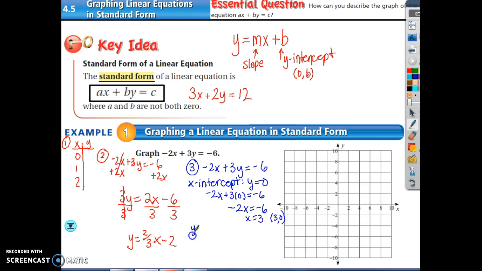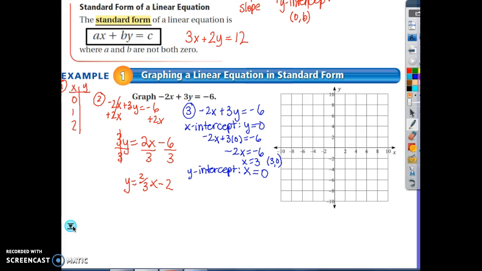Similarly, I can find the y-intercept. In order to find the y-intercept, I need to let x be equal to 0. If x is equal to 0, we'll find the point where the graph crosses the y-axis. So plugging in 0 for x, I've got negative 2 times 0 plus 3 times y is equal to negative 6.